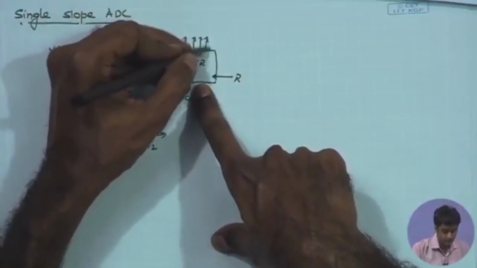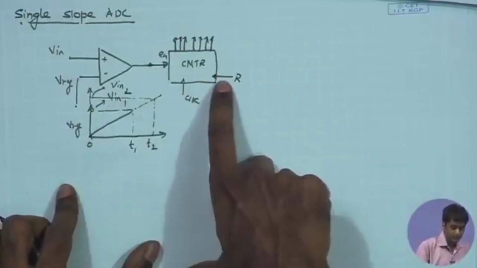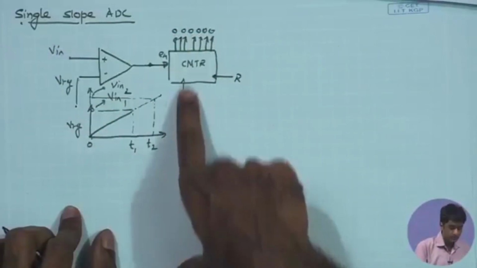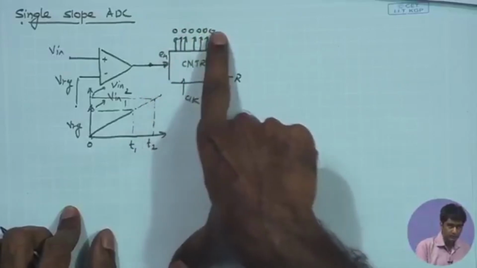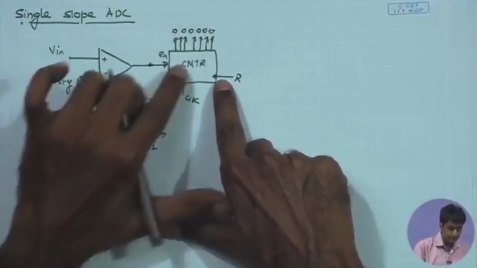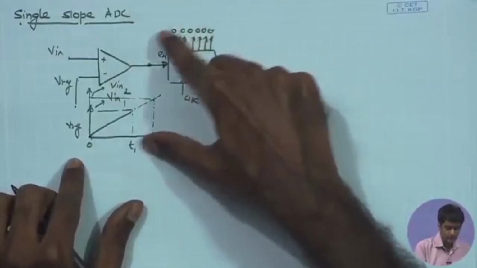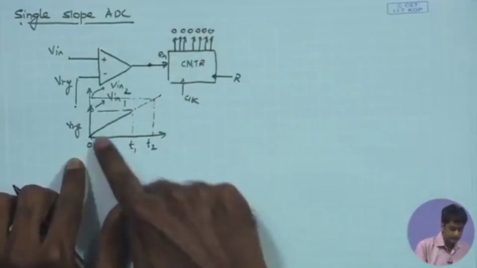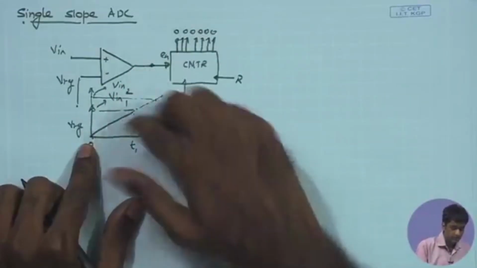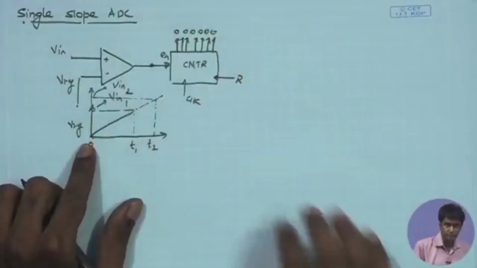So, in our case, we are expecting that we are going to have a 7-bit counter, because we need a 7-bit word for the analog value. Initially, it should be starting with all 0, and the clock should continuously increment the counter output from all 0 towards the maximum value, which is all ones, and the counter has to stop whenever the input signal reaches the reference signal, and that particular count produced by the counter at that time is basically going to quantize the total time taken by the ramping Vref to reach the input signal, and hence that digital word is going to be the quantized value corresponding to our input signal.